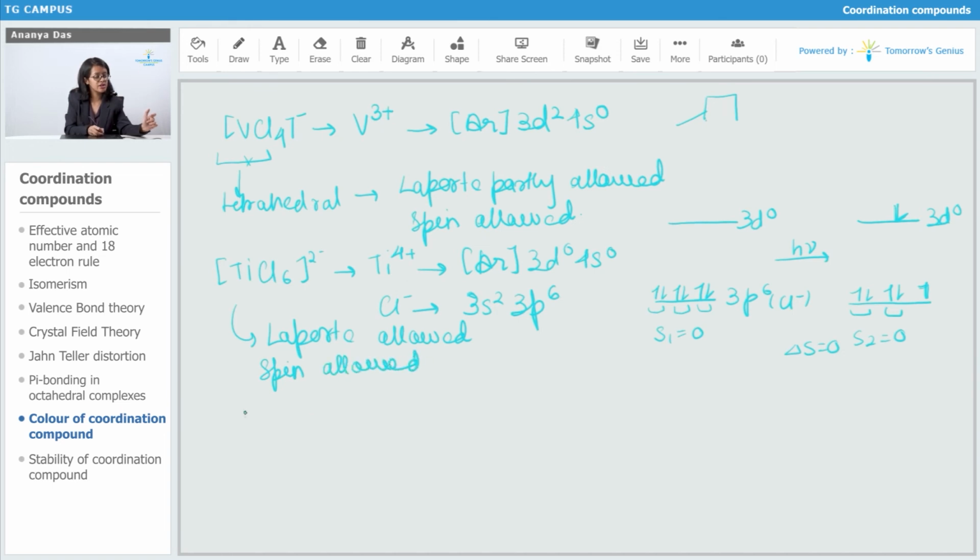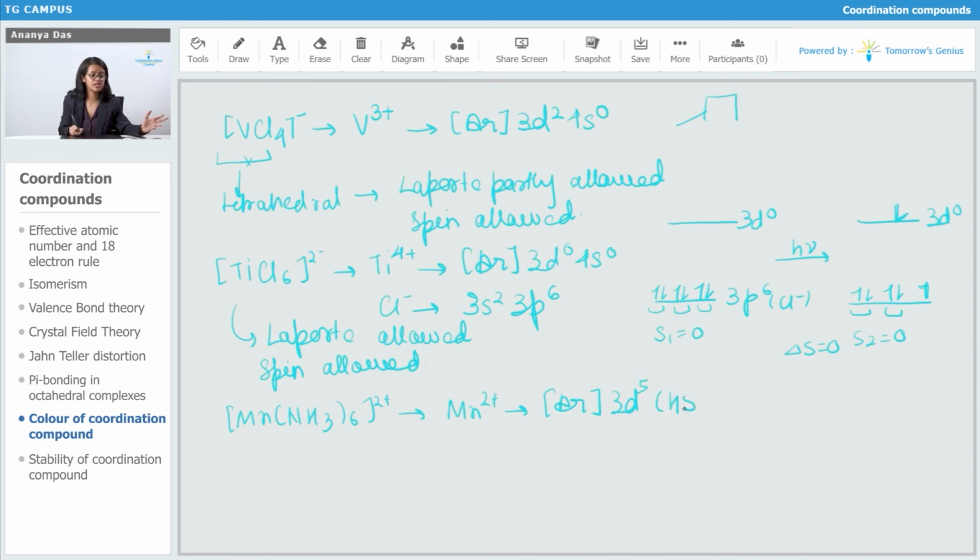The last one that we have left is [Mn(NH3)6]2+. We know that Mn here is 2+, so its configuration is Ar 3d5, and NH3 with a 2+ metal cation is going to act as a weak field ligand again, so it will be high spin, that is d5 high spin.